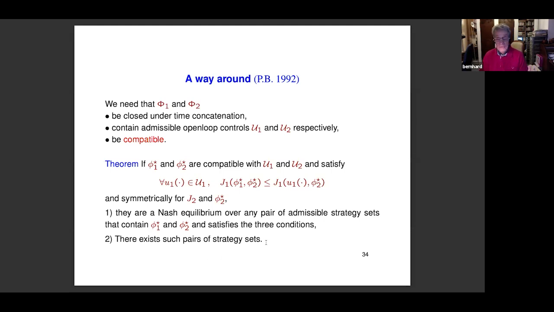You don't know them, but these sets exist. Characterizing them is just too difficult. Or of course, you could say, oh, I take for capital phi 2 the set of all that are compatible with phi 1 and so on, but this is not constructive either. Okay, that's it.